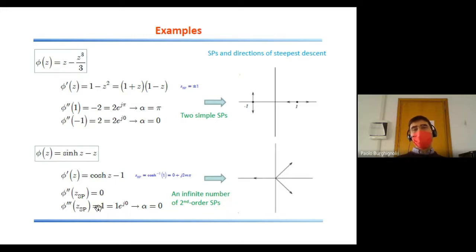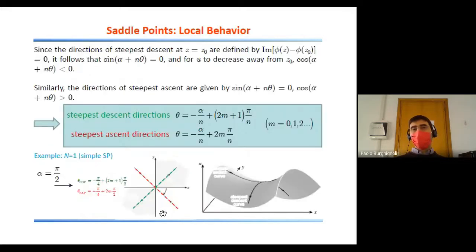Since in this case, the argument of the first non-zero derivative is equal to 0, that is, alpha is equal to 0, we will apply the formula that gives us the directions of steepest descent as minus 0 divided by 3, in this case, which is again 0, plus an odd multiple of pi over 3.